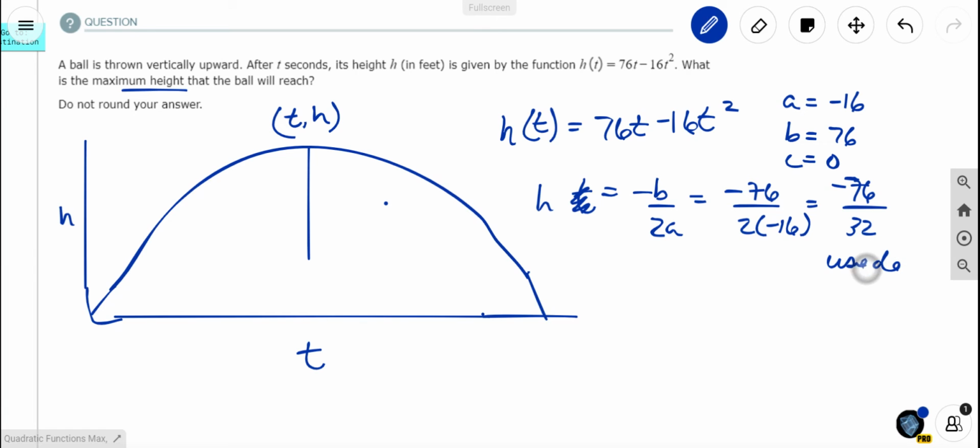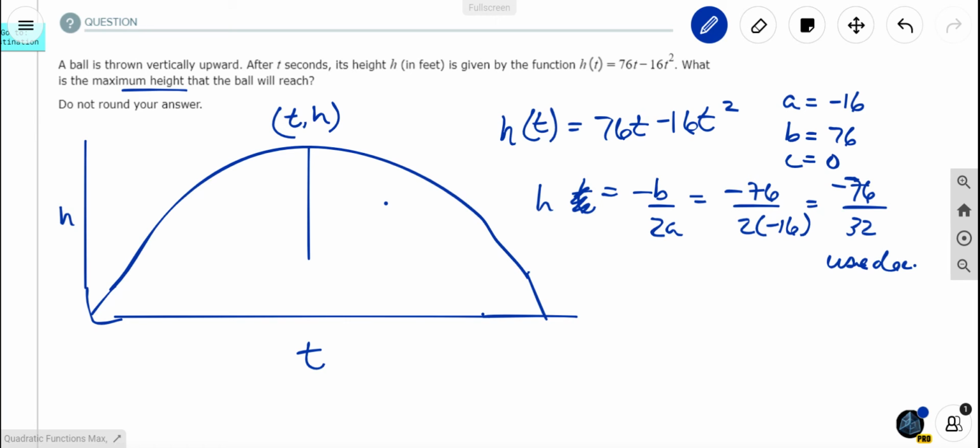So when you do this, I don't have a calculator handy, so I'm just going to do this real quick on Google. Negative 76 divided by 32.